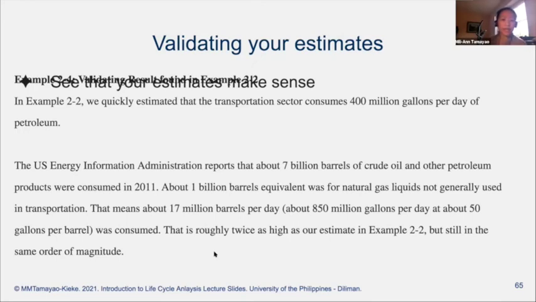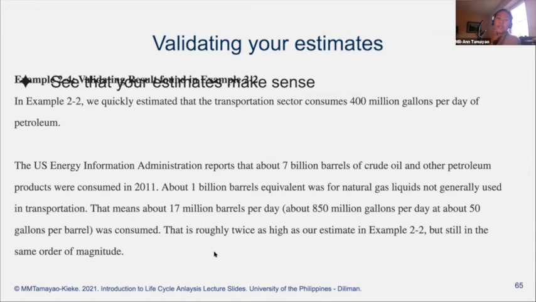So that means about 17 million barrels per day. Okay, so about 850 million gallons per day at about 50 gallons per barrel was consumed. That is roughly twice as high as our estimate, okay, yung 400 million gallons per day. But still in the same order of magnitude.